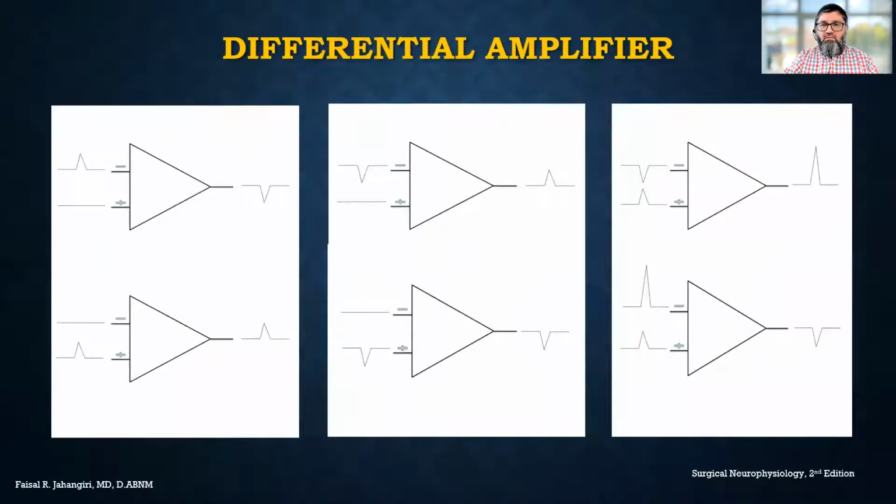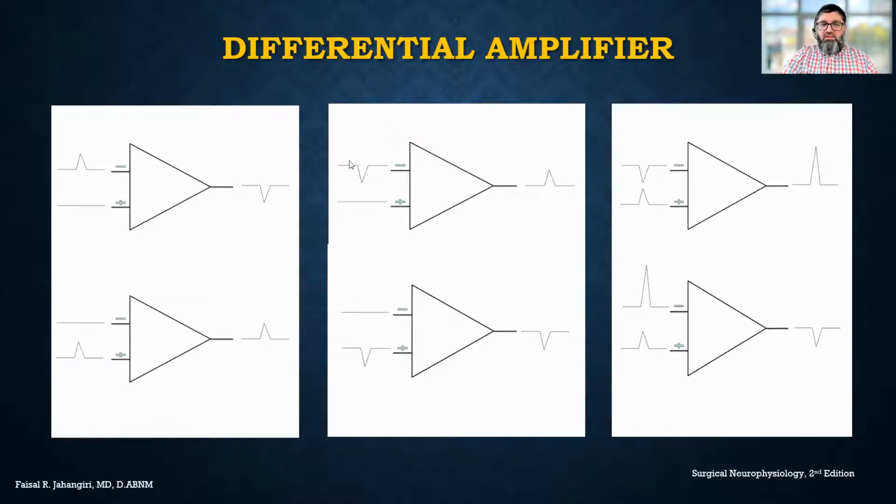So here are some examples of the differential amplifier from the book. If the negative signal is going up and there's no signal in positive, the output will be a downward signal. So negative upward becomes negative, and adding 0 will be negative. If it is 0 signal in negative and plus 1 in positive, 0 plus 1 becomes plus 1, an upward signal.